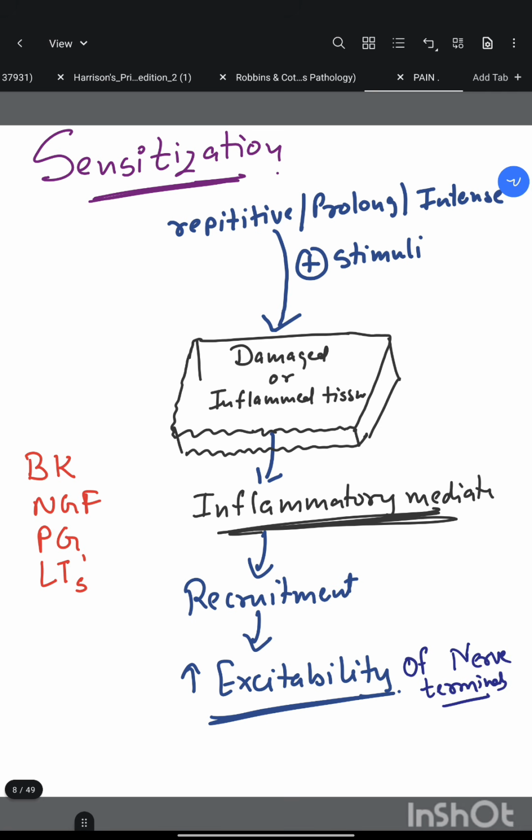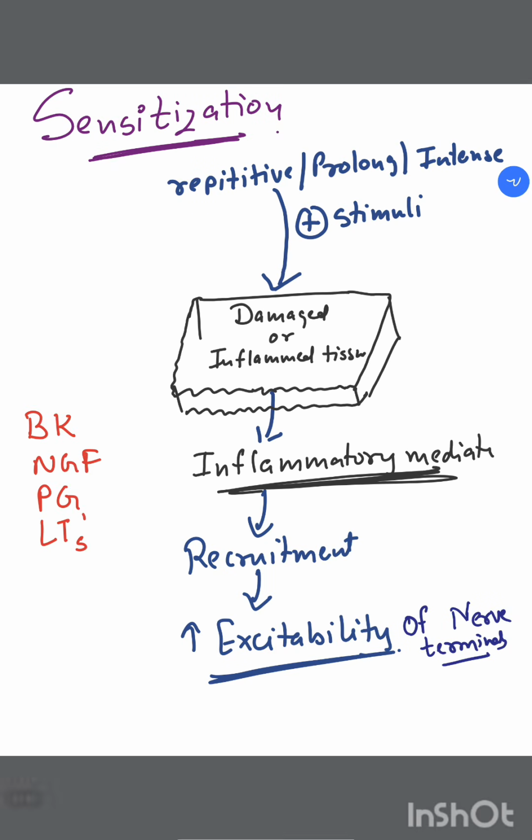So when repetitive, prolonged, and intense stimuli are given to a damaged or inflamed tissue, inflammatory mediators such as bradykinin, nerve growth factor, prostaglandin, and leukotrienes are recruited, and they increase the excitability of the nerve terminals, leading to sensitization. The best example of sensitization is a sunburn.